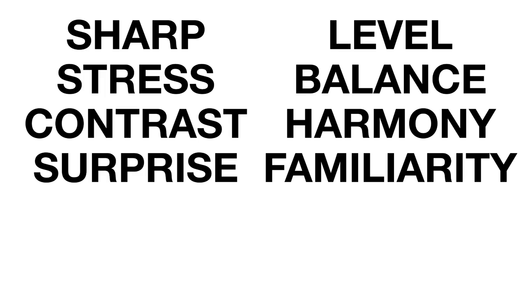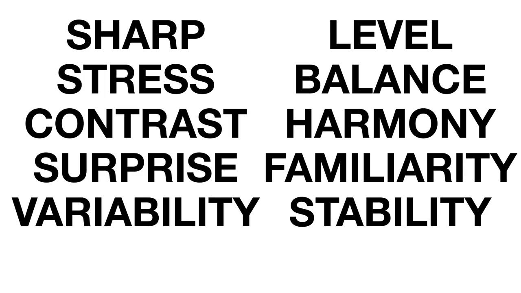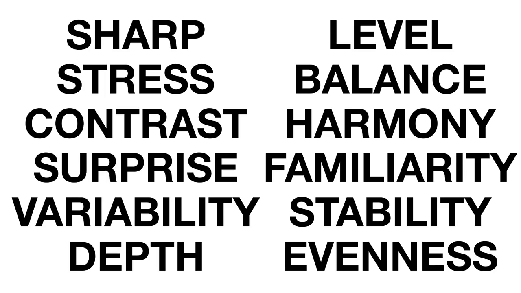Sharpness is aligned with surprise or the unfamiliar, whereas leveling makes use of the familiar. In sharp compositions, you'll see more variability in the position of elements, creating a sense of floatiness or movement. Elements in a level composition are more stable, clustered, or anchored. And finally, a sharp approach creates a dramatic sense of depth. A level approach seeks a sense of evenness.